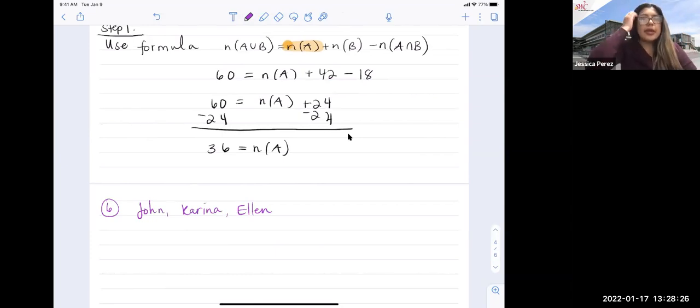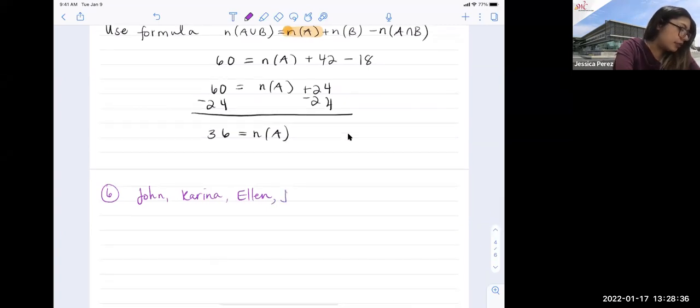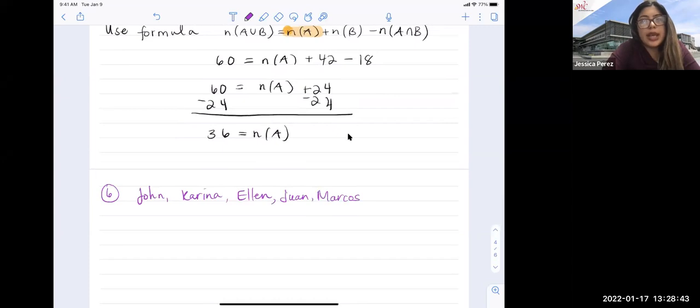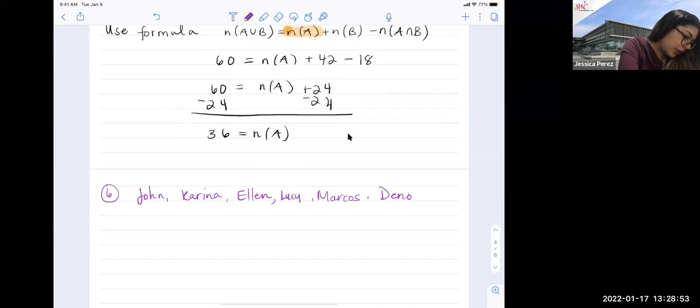So let's say we have 5 people. John, Karina, Ellen, Juan, and Marcos. Let's say we have these people and we are going to denote them, I have 2 J's, so I'm going to change one for Lucy. And I'm going to denote them by J, K, E, L, and M.